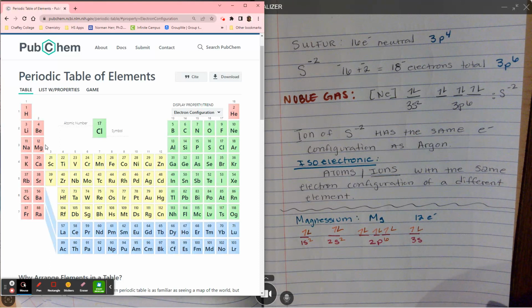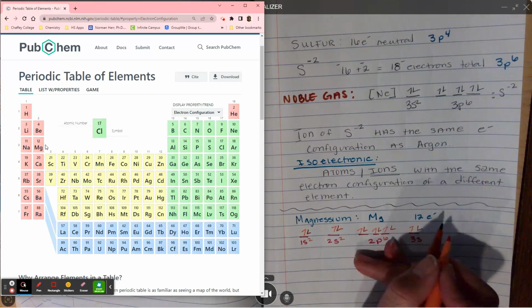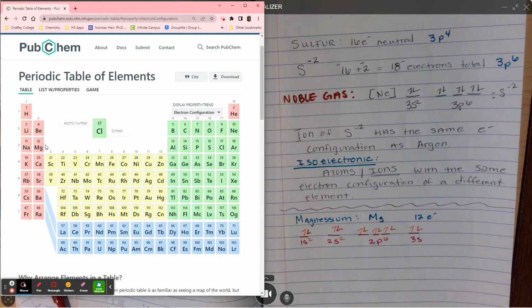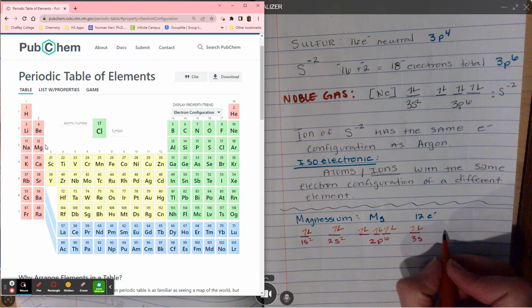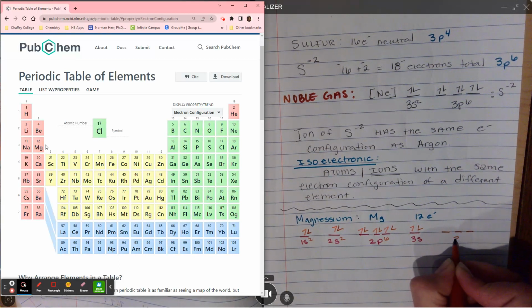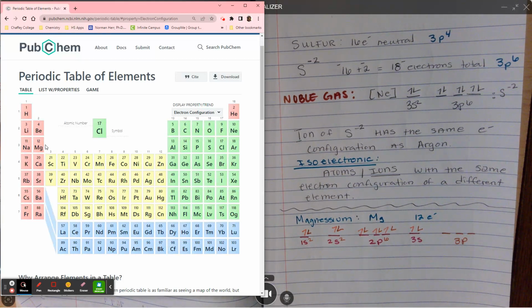Now we have completed magnesium's electron configuration. Note that the 3s still has the empty 3p orbital available to it. So it still has an empty 3p orbital.